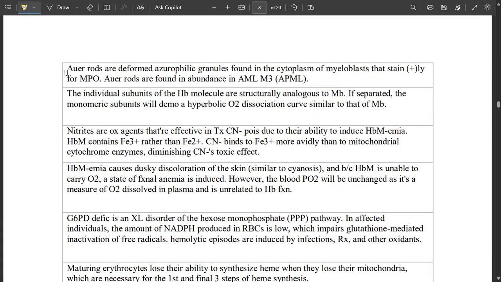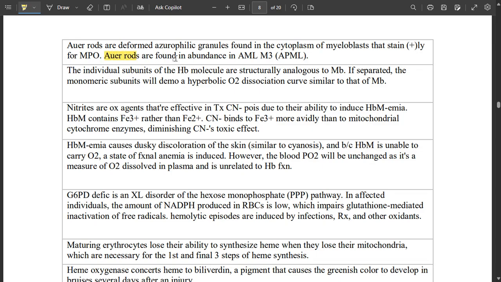Auer rods are eosinophilic rods, deformed azurophilic granules found in the cytoplasm of myeloblasts that stain positively for myeloperoxidase, MPO. Auer rods are found in abundance in AML M3, type APML. M3 is one of the most important subtypes of AML.